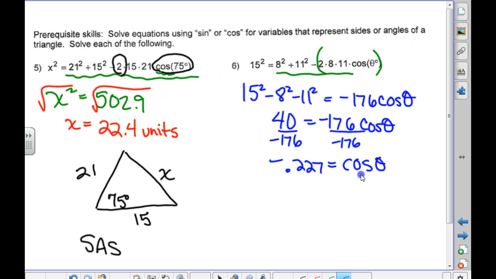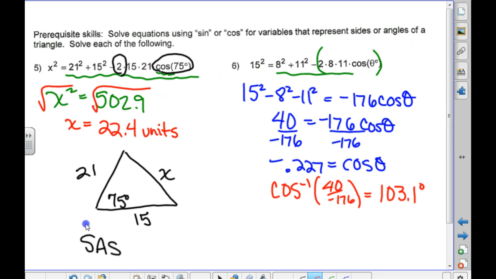Yep, you could leave it a fraction, but what do we need to do next to find the angle? Yep, second cosine of, and you could have left it 40 over negative 176 if you wanted it exact. 103.1. How did I know ahead of time it was going to be an obtuse angle?